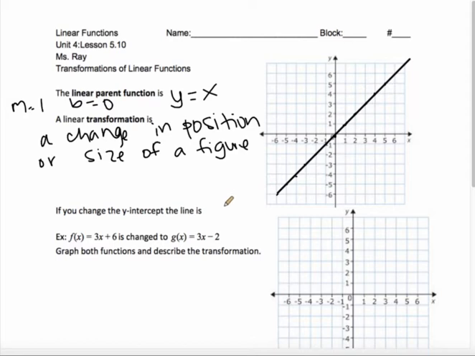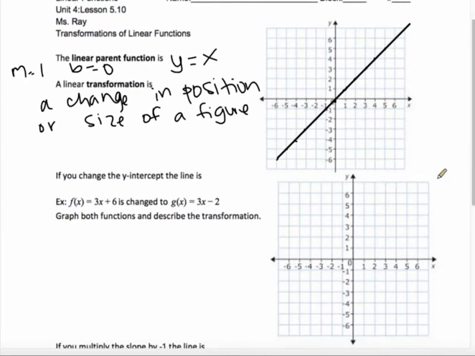Now, there are different types of transformations that we're going to talk about for linear functions, and we'll talk about them in pieces.